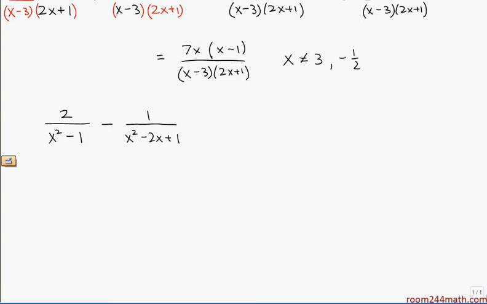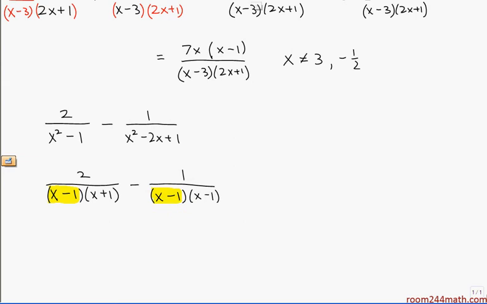So let's do that. X squared minus 1 is just a difference of squares, so it's x minus 1, x plus 1. And x squared minus 2x plus 1 is just a perfect square, so it's just x minus 1, x minus 1. And now it's pretty easy to see that there is indeed a common factor.